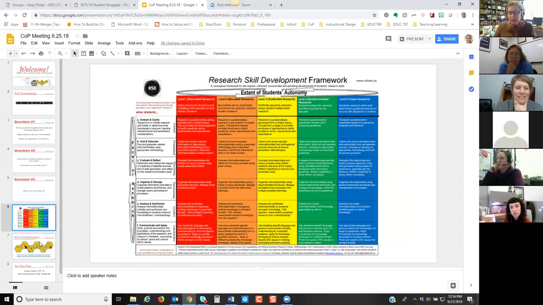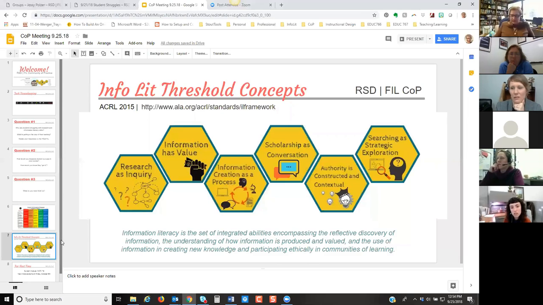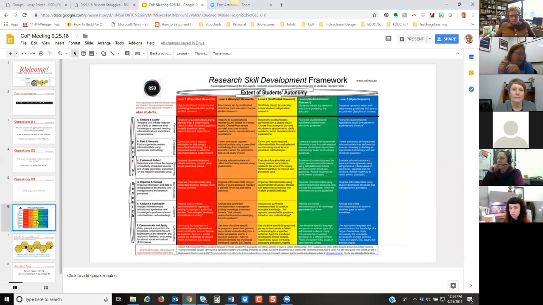No, that's actually why we think they work so well together. The other thing too is that John will tell you that even if you take a look at the framework, it's got that linear y-axis, starts with embark and clarify and ends with communicate and apply.